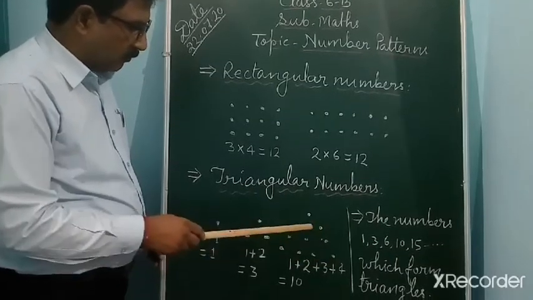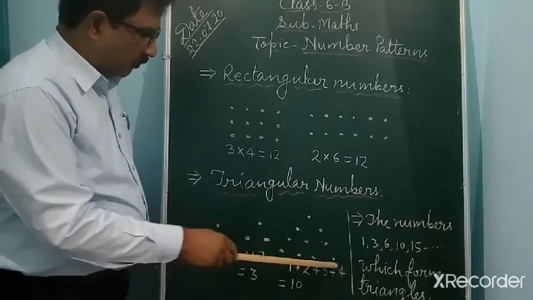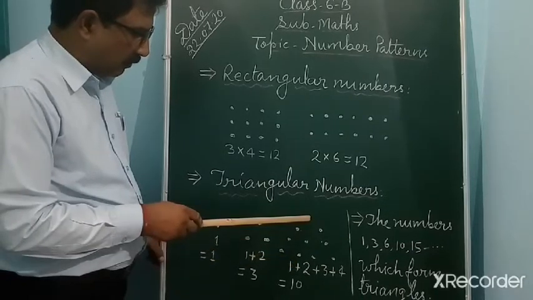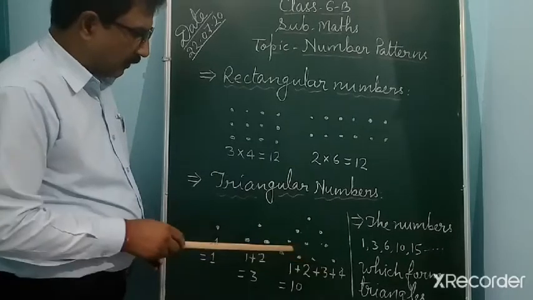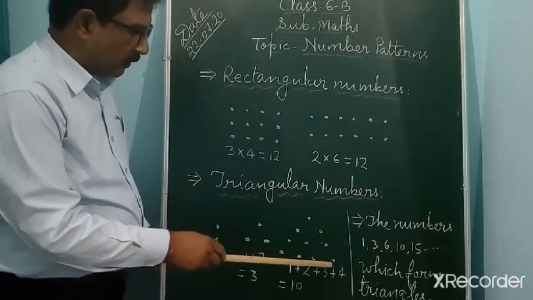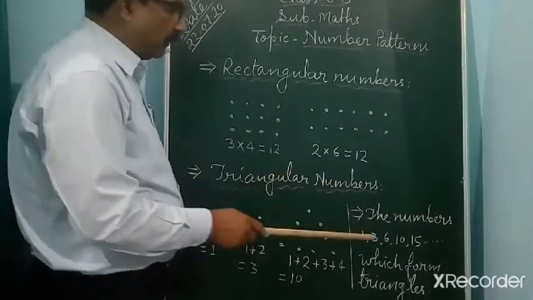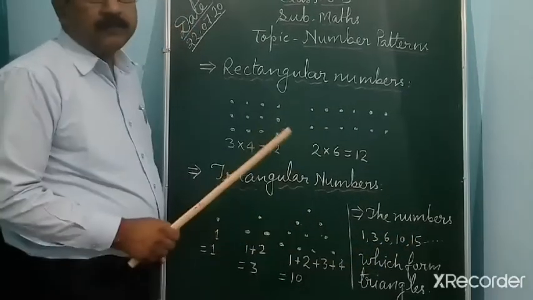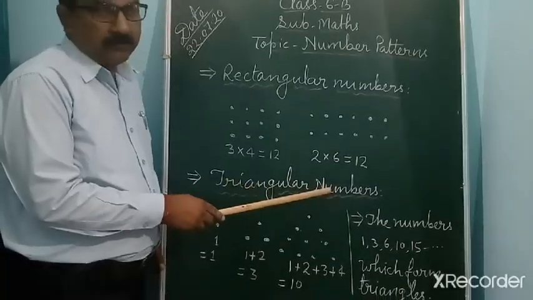So 1, 2, 3 and the bottom row of 4 dots. So you can write 1 for 1 dot, 2 for these 2 dots, 3 for these 3 dots and plus 4 for these 4 dots. So it will come 10. So the numbers 1, 3, 6, 10, 15 form triangles. This type of number set is called triangular numbers.